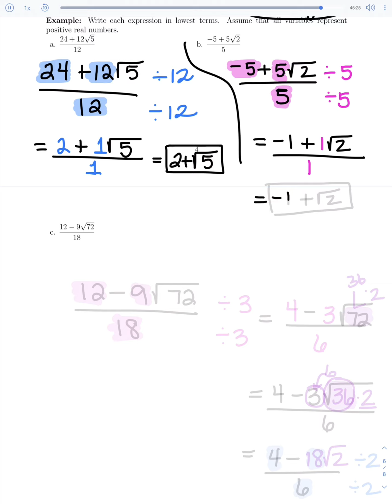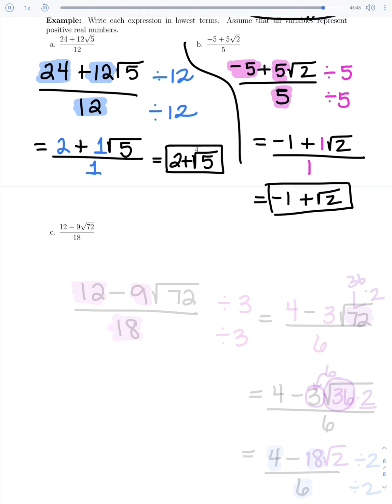We have negative 1 plus, we don't need to write the 1 in front of the square root of 2, and we don't need to write the 1 on the denominator, so this is negative 1 plus the square root of 2, and that is reduced. And again, notice we did not cross the barrier of the square root. We can't do that. Whatever's inside of the square root is safe inside of the square root.